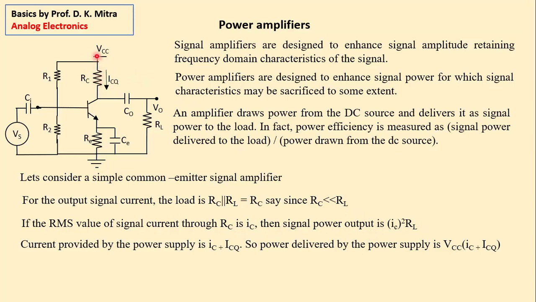Signal current is also drawn from VCC. So the current provided by the power supply is IC plus ICQ. So the power delivered by the power supply is voltage multiplied by current, VCC multiplied by this. So this is the power delivered to the load, and this is the power drawn from the battery.